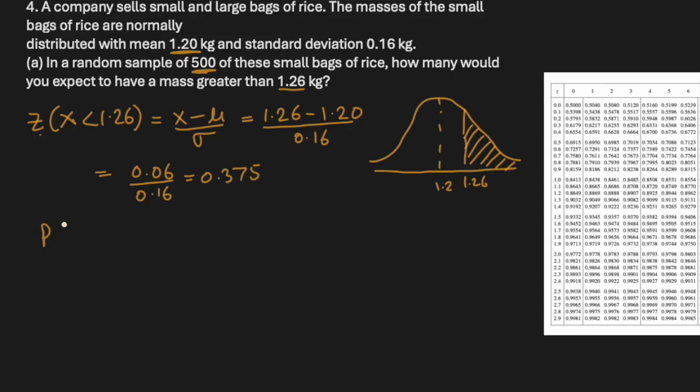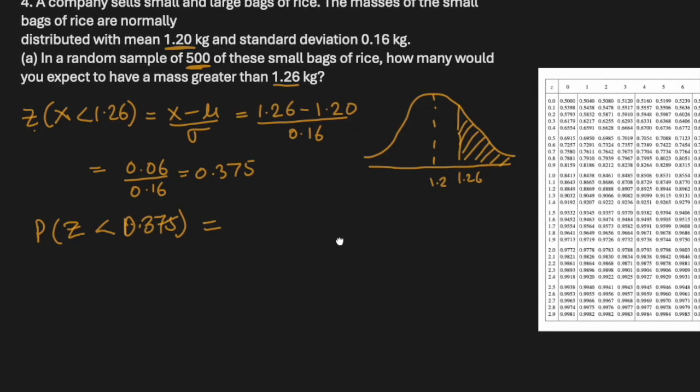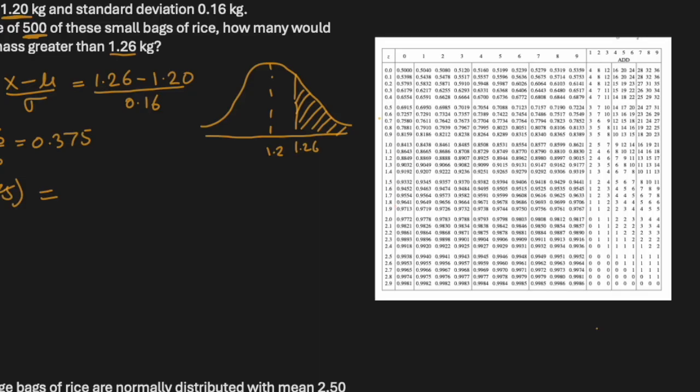So the probability that the z-score is less than 0.375 is here. 0.3 is here, 7 is here, 6443, and 5 in this line is 19.